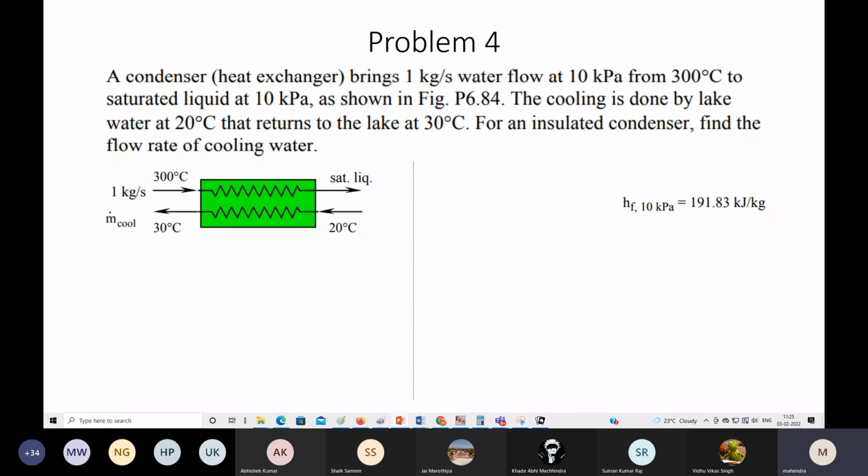Then steam reaches the superheated state, then that superheated steam impinges on the steam turbine. Then the steam turbine generates the work.